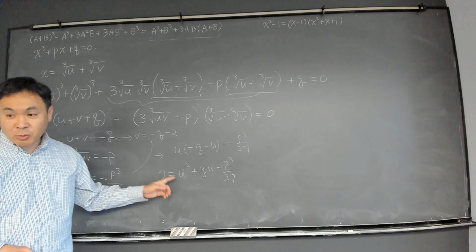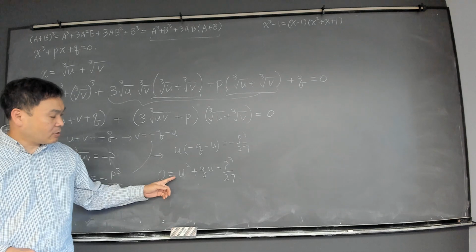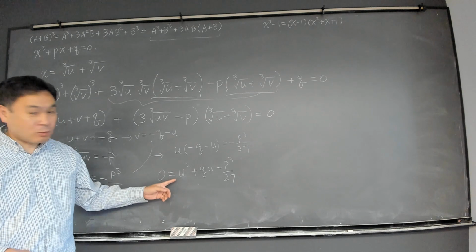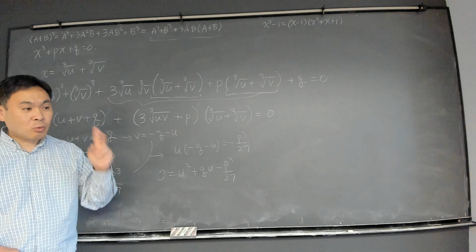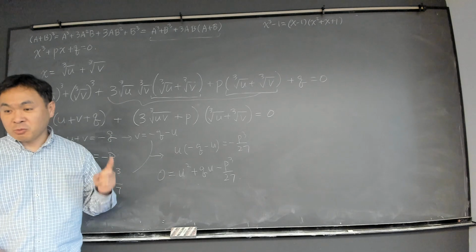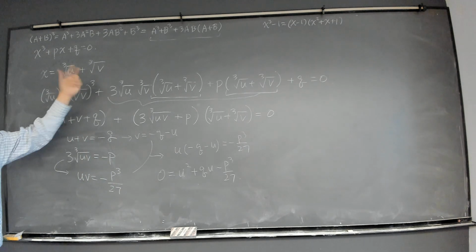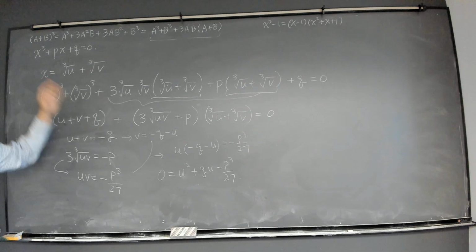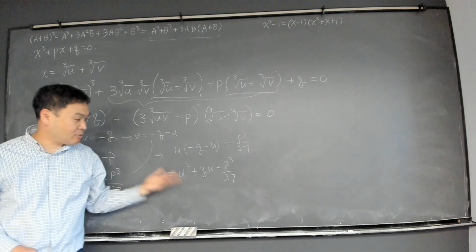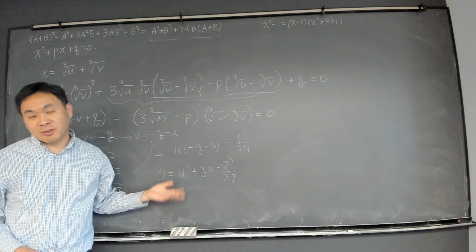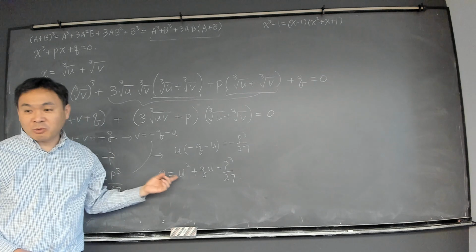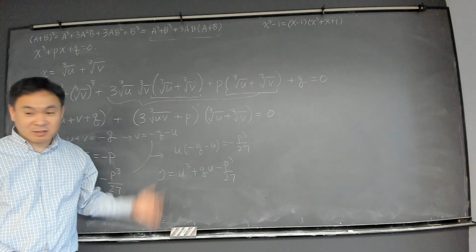And because this is a quadratic equation, if you solve using the quadratic formula, you get two solutions. One of them will be u and the other one will be v. And because in the original form u and v can be switched without changing x, it doesn't matter which one you say is u and which one you say is v. We'll conveniently call the one with the plus u and the minus v, okay?